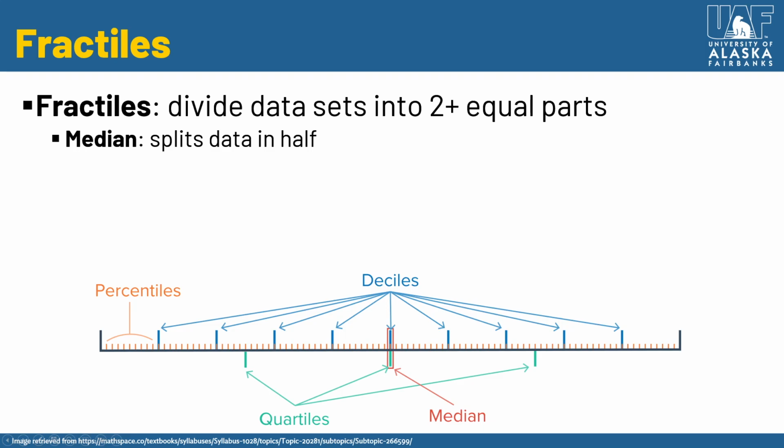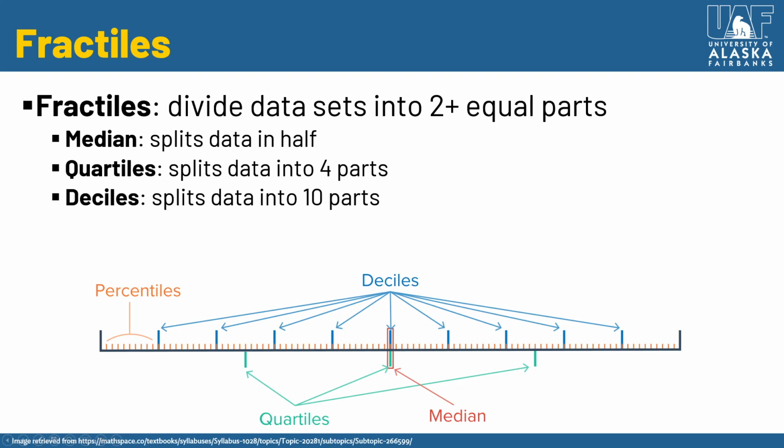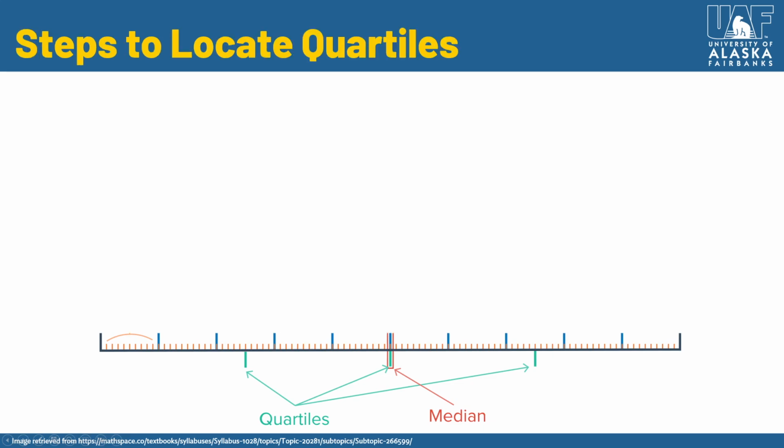But there are other terms you might come across as well, like quartiles, which split the data into 4 parts, deciles into 10 parts, and percentiles into 100 parts, right? That's where the term percentile comes from. Like if I remember taking standardized tests back in the day, and they'd say, oh, you placed in the, I don't know, 68th percentile or something like that. That's just an example of a fractile, of which the median is 1.